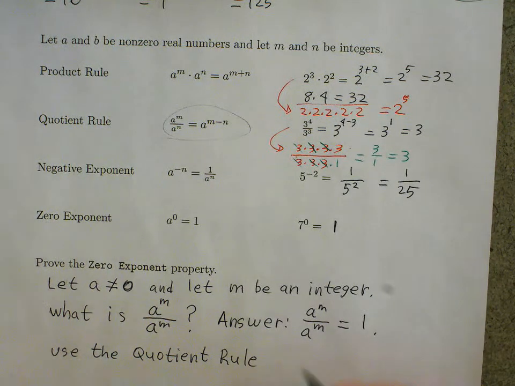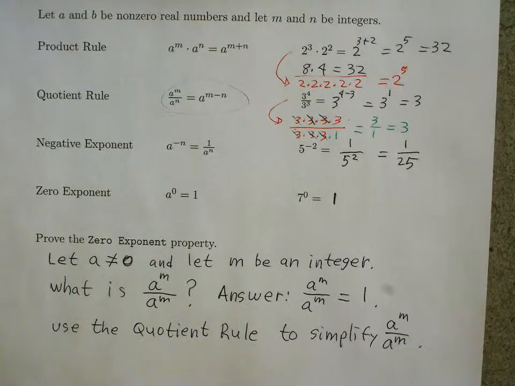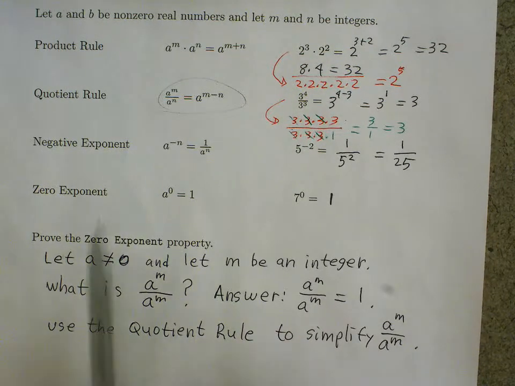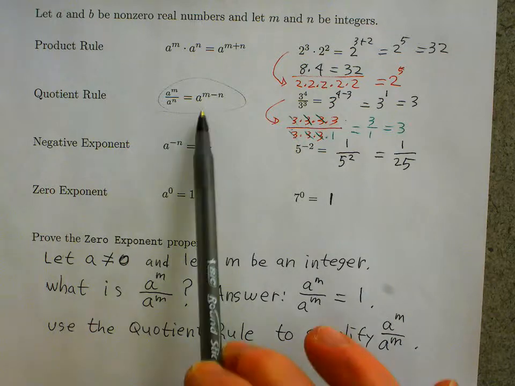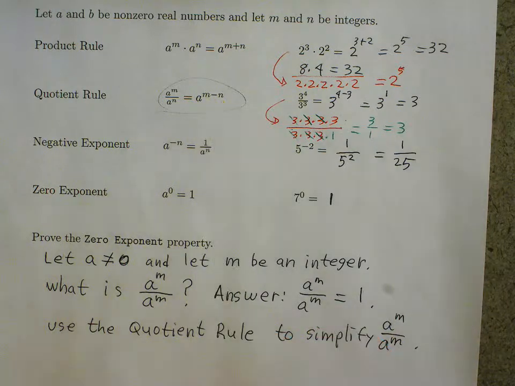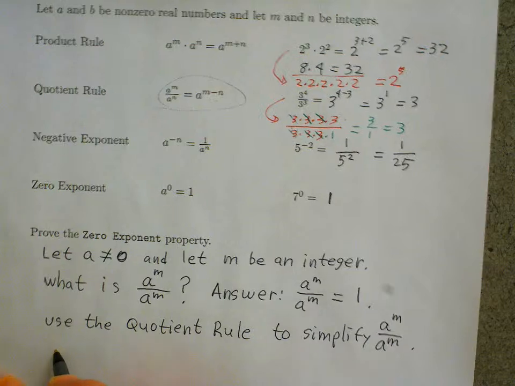So here's the quotient rule. The quotient rule says a to the m divided by a to the n is a to the m minus n. In this special case, a to the m divided by a to the m, using the quotient rule, is equal to what?